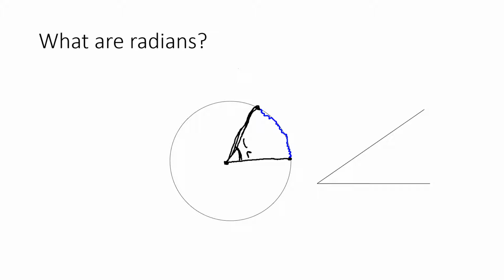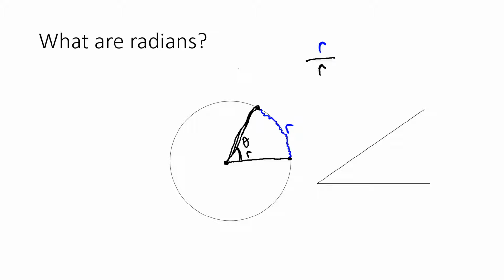So let's call this angle theta. Well, to get this angle theta, there were two things that we're comparing. We compared the distance that we went around. So we went around a distance of r, and we compared that with the radius, which is also r.